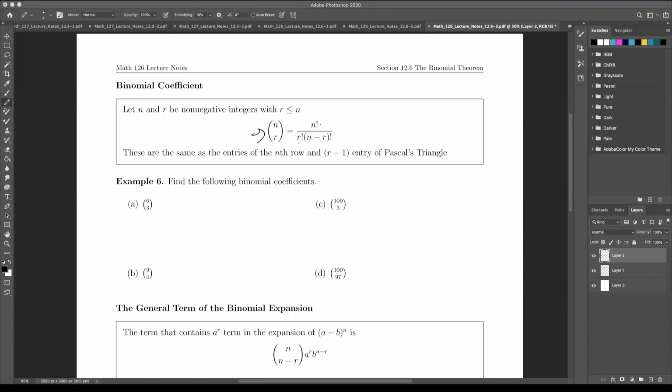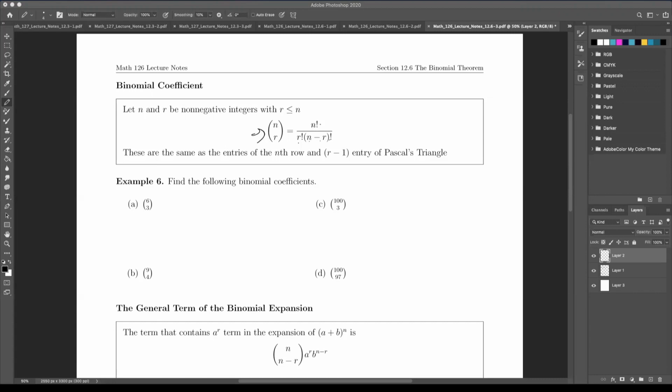Have you guys done combinations before? Yeah, you've seen it before, maybe. It's basically if I have n objects and I choose r of them, what's the chance I grabbed r of them?